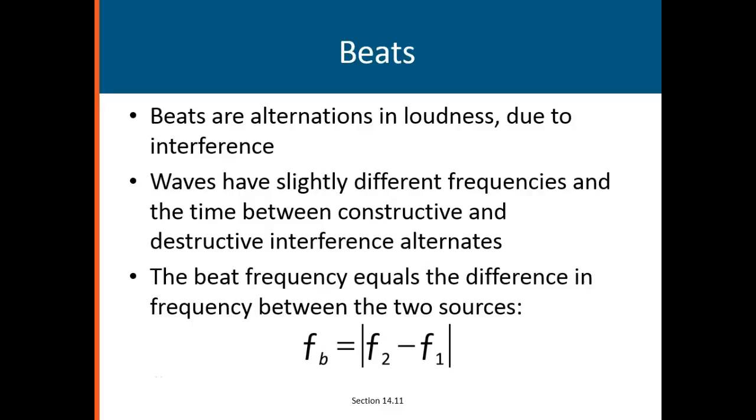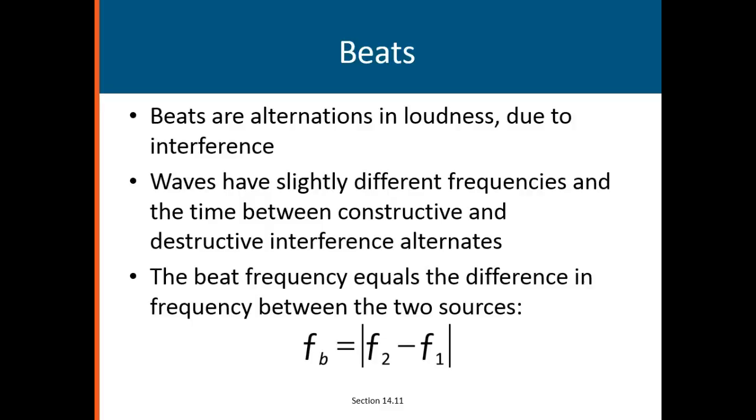Not two waves traveling in opposite directions at the same frequency, but two waves traveling with slightly different frequencies. So therefore, you have a frequency 2 and a frequency 1. Okay? So the beat frequency equals the difference between those frequencies between the two sources.